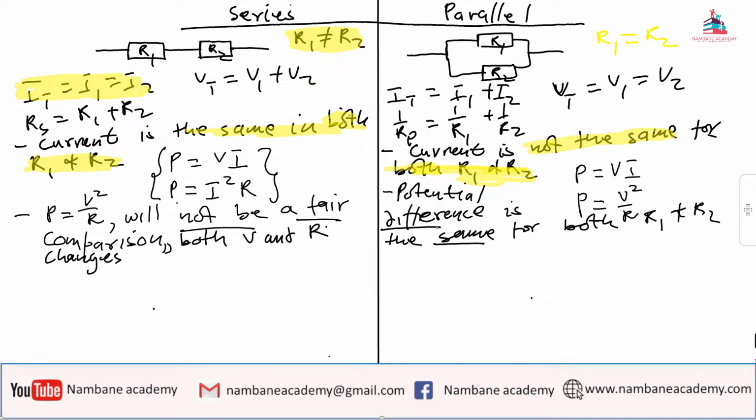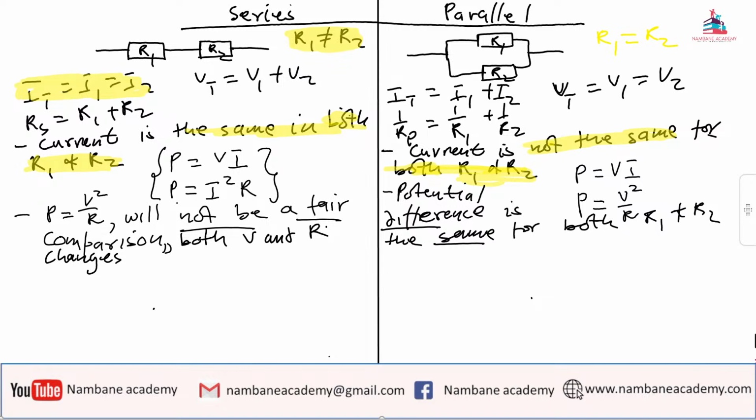It is true, we proved it. We used the analogy that we know of science and the application of Ohm's law to say Vt is equal to V1 is equal to V2. So the only thing that is changing here is current and resistance.